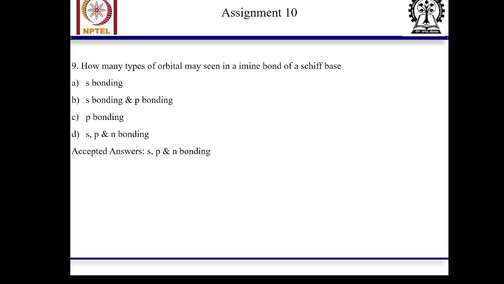The question is how many types of orbital may be seen in the imine band of the C phase? Can you tell me how you are saying the TSP and N bonding?